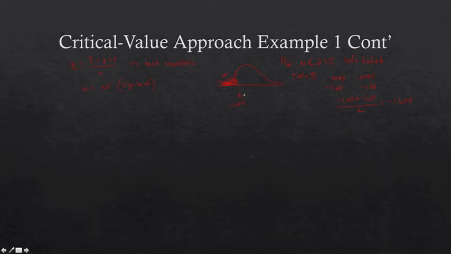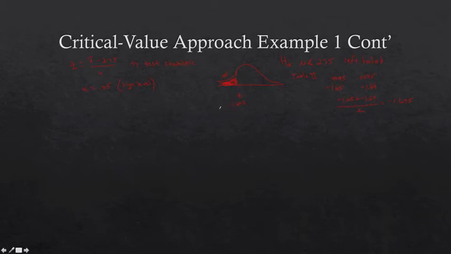So this is basically an answer to a question. I told you if our sample mean was too much smaller than 275, we would have to reject the null and accept the alternative. Well, your question should have been, how much smaller is too much smaller? Well, this is too much smaller.